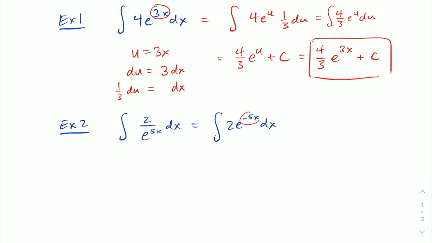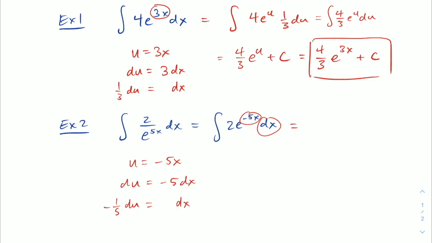So that inside is now negative 5x. We'll call that our u. We'll then differentiate. We'll get negative 5 dx. And then we'll adjust the right-hand side so that we have just dx, what's left over here in the integral. To do that, we need to multiply both sides by negative 1/5.